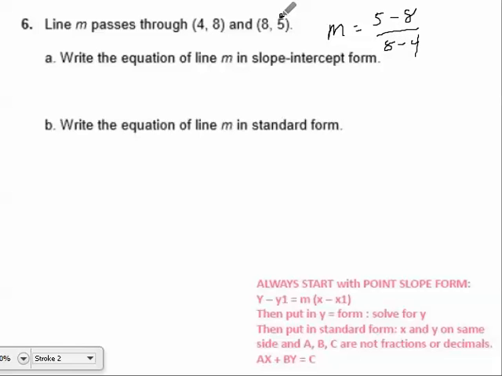And that was 5 minus 8, and then 8 minus 4. And what do I get when I do this? I get negative 3 divided by 4. So I now know my slope. So I'm going to put it in point slope form. I'm going to say that y minus 8 is equal to negative 3 over 4 times x minus 4.